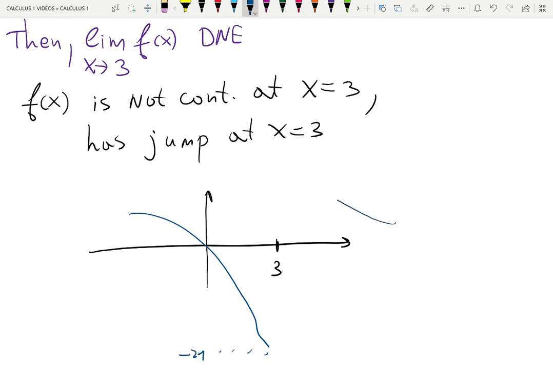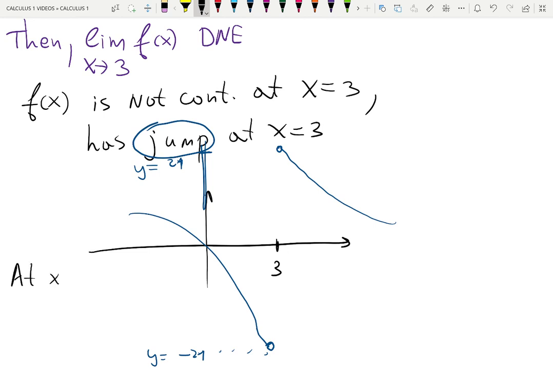Symmetrically, it's going up to positive 21. So it's y equals 21 and y equals negative 21 at 3. Thus, it's jumping from the height negative 21 to the height positive 21. Hence the name.